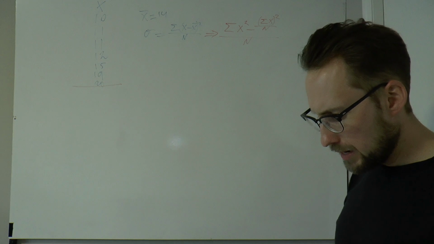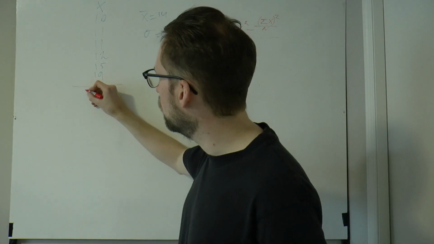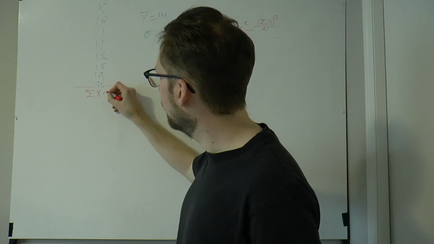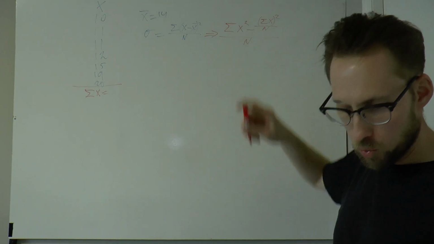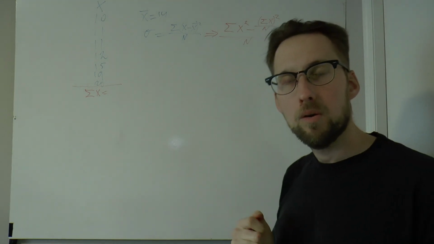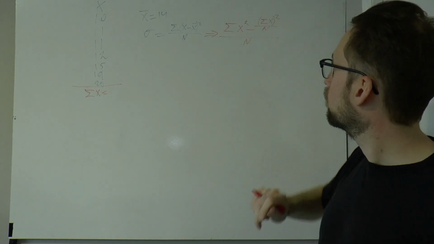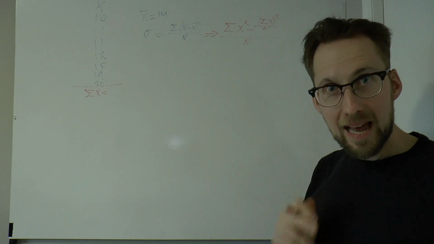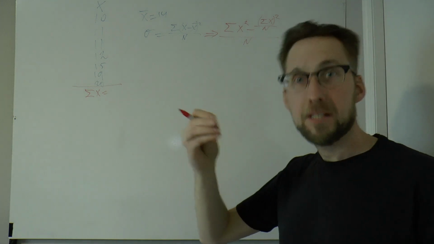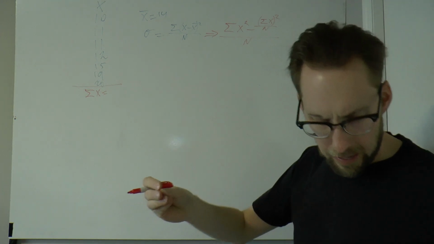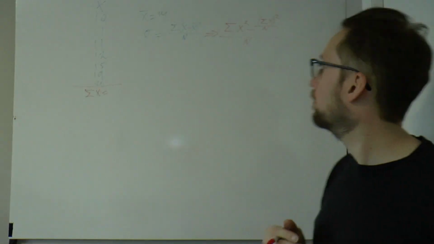Now, I wrote down these numbers, and I'm going to tell you what they are. The first thing I need is the sum of x. Well, what that means is I take all the x's, observations, and I add them all up.